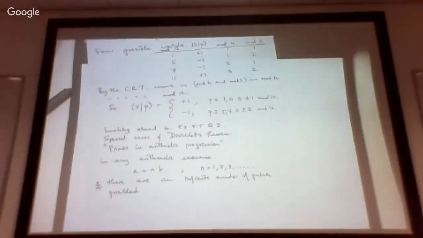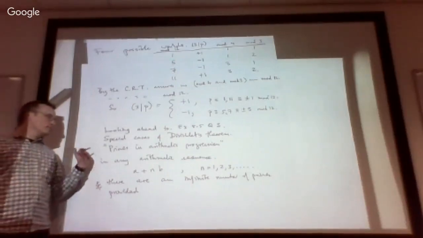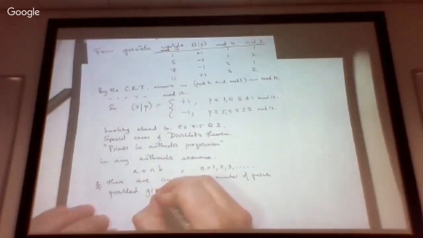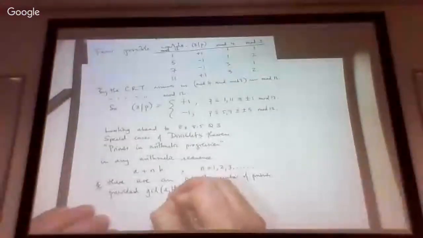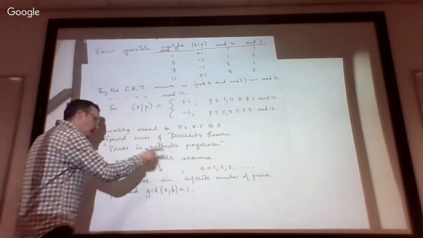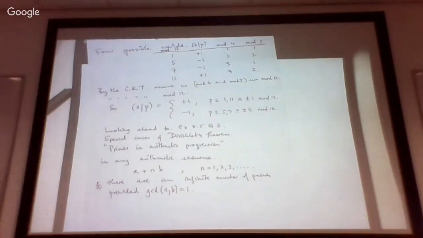They'll all be composite. So we just have to rule that out. Provided the sequence is not an obviously composite sequence, so provided A and B have a greatest common divisor of 1, Dirichlet's theorem says you will find an infinite number of primes in that sequence.